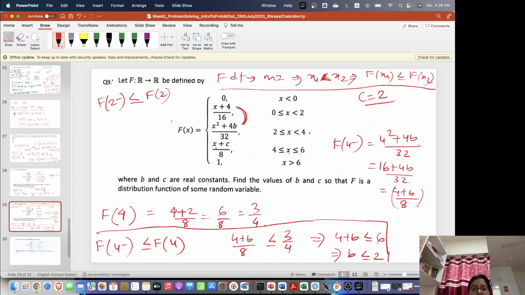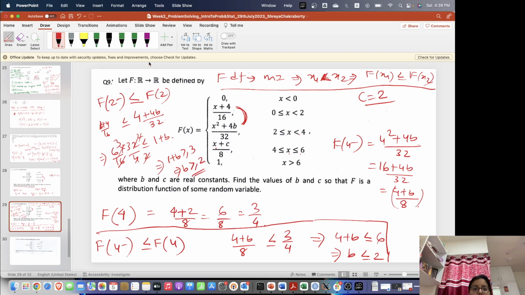So f2 minus will be 2 plus 4 by 16, less than or equal to f2. The f2 value is 4 plus 4b by 32. So 1 plus b is greater than or equal to 3, which means b is greater than or equal to 2.